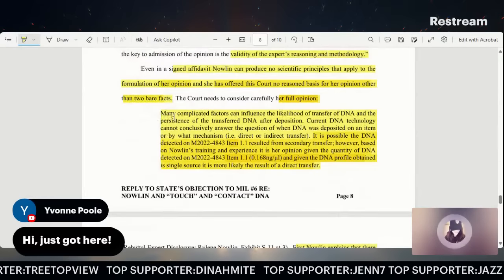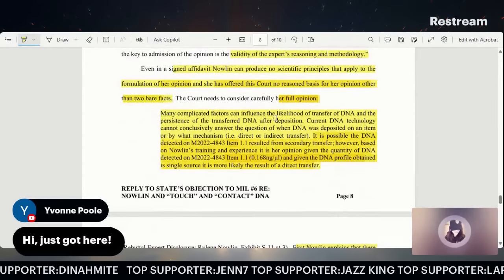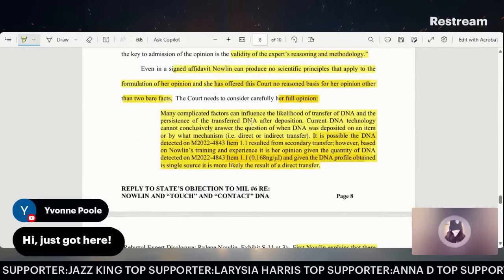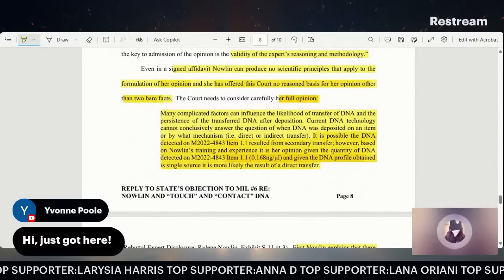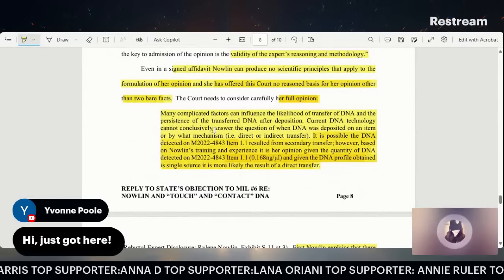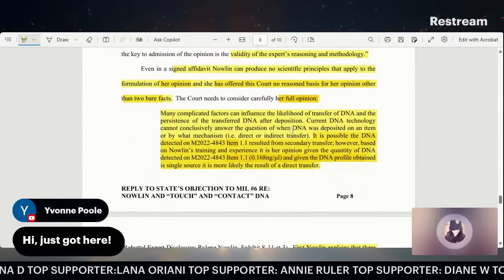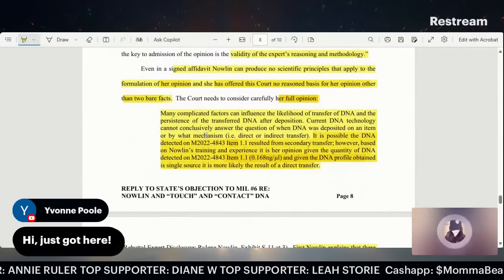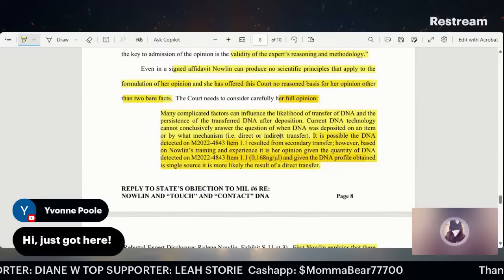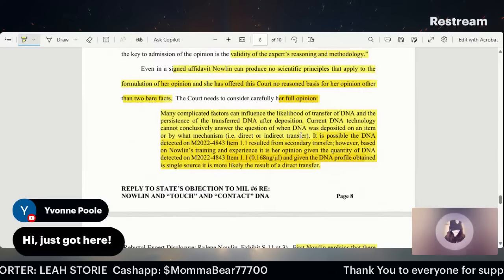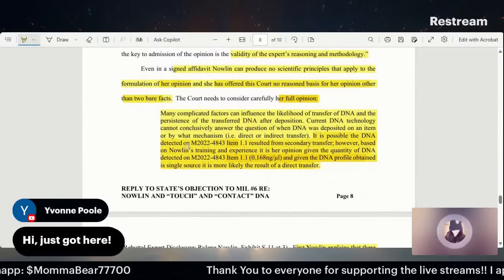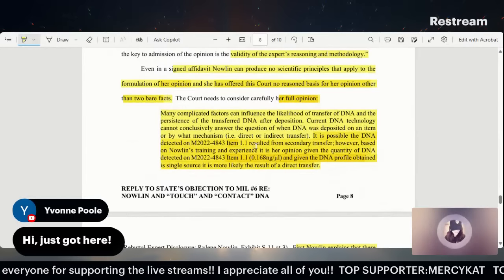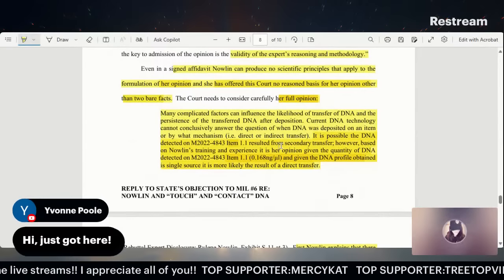Quote, many complicated factors can influence the likelihood of transfer DNA and the persistence of the transfer DNA after deposition. Current DNA technology cannot conclusively answer the question of when DNA was deposited on an item or by what mechanism, meaning direct or indirect transfer. It is possible the DNA detected on M2022-483 item 11 resulted from secondary transfer.